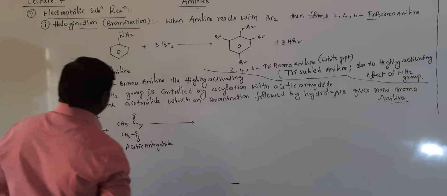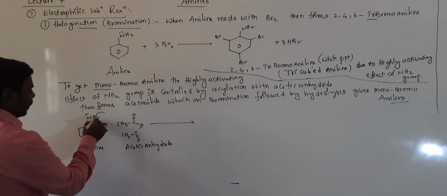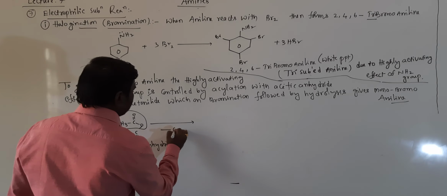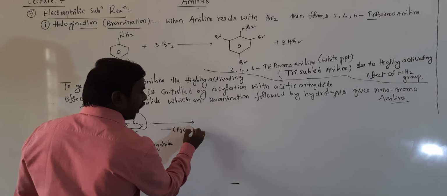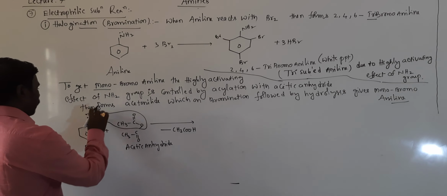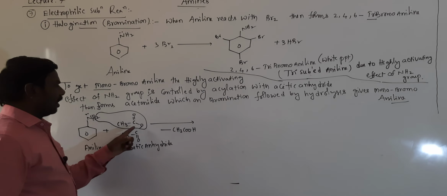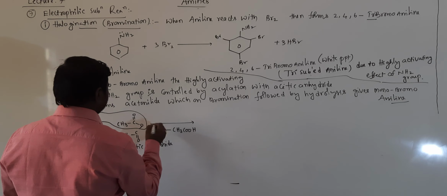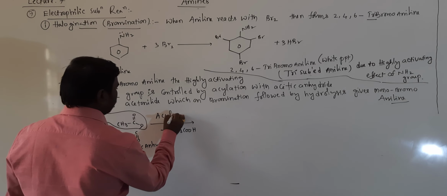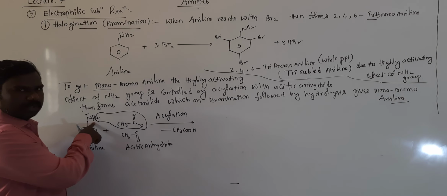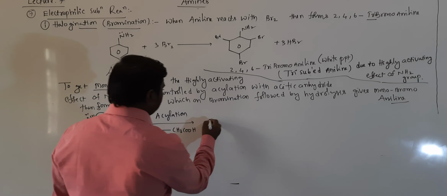Then give rise to the one hydrogen and CH3COO removed as CH3COOH. Right, students? Here NH2, actually one hydrogen is removed. It is acylation. Nothing but CH3CO group is substituted in the place of hydrogen, already discussed.